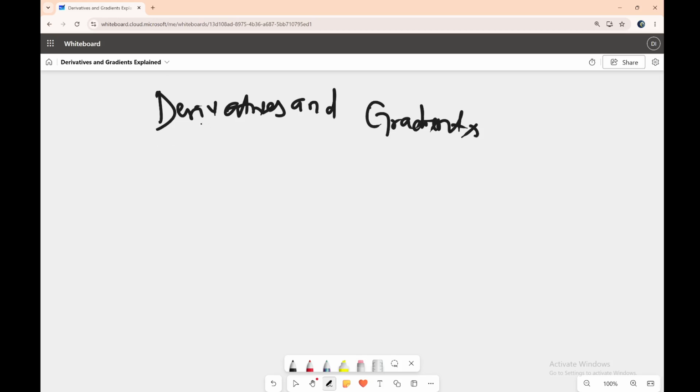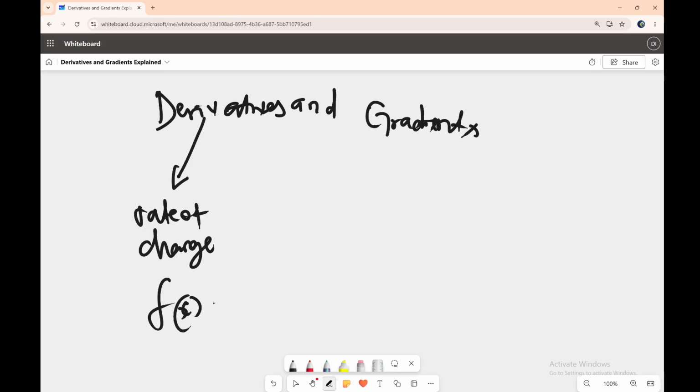Now, one of the things I want you to understand is that whenever we talk about derivatives, we're just trying to measure the rate of change, right? Think about it: you're trying to measure the rate of change of a function, maybe any function f of x, with respect to one variable, okay?